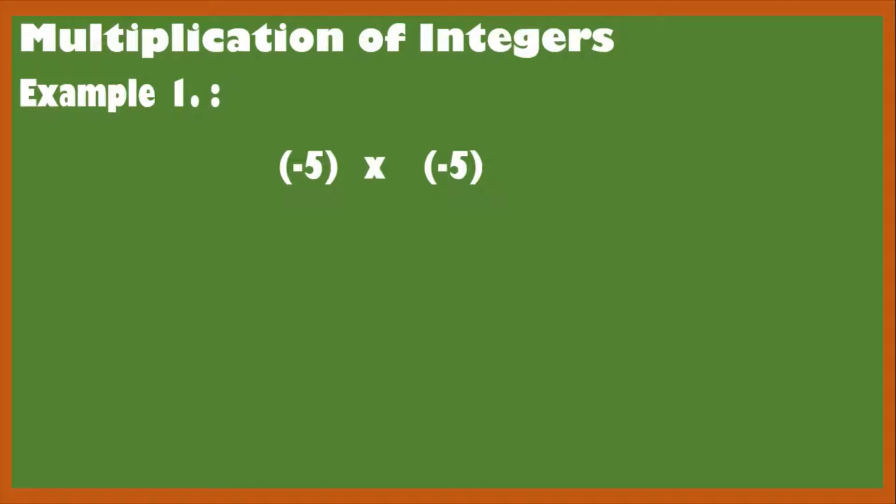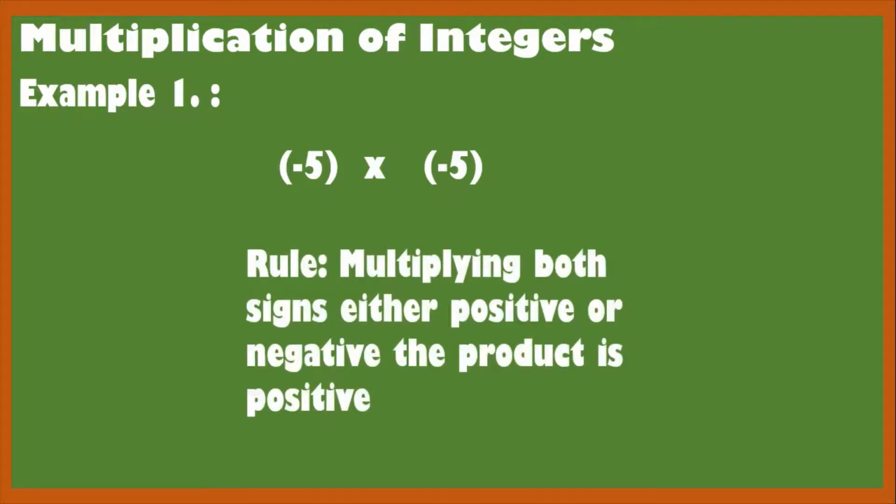In example number 1, we have negative 5 times negative 5. In this example, rule number 1 will apply, which is multiplying both signs, either positive or negative, the product is positive. As you can see, we have two factors with the same signs, which is negative.